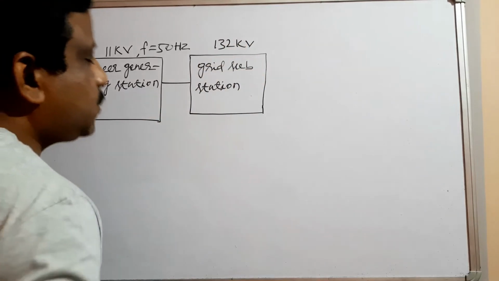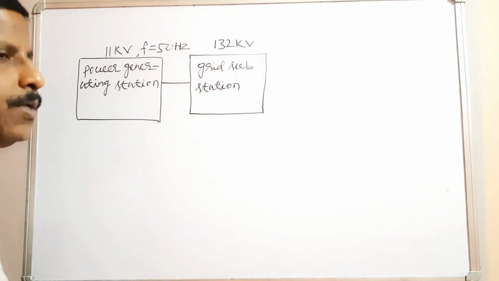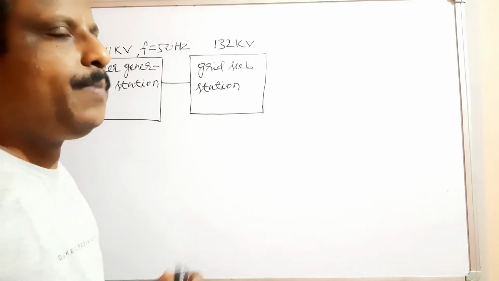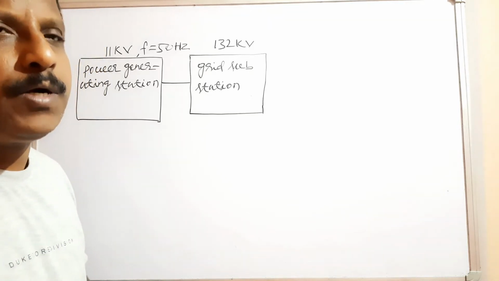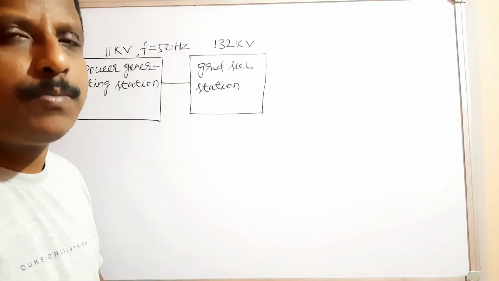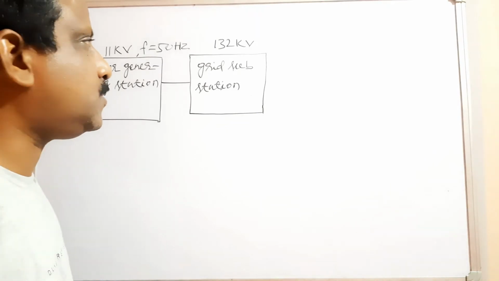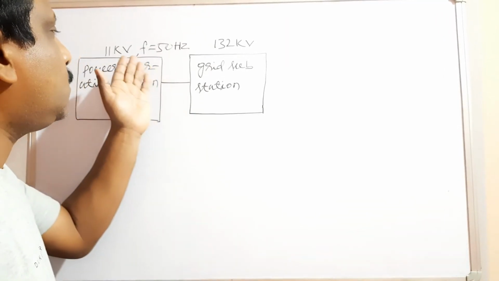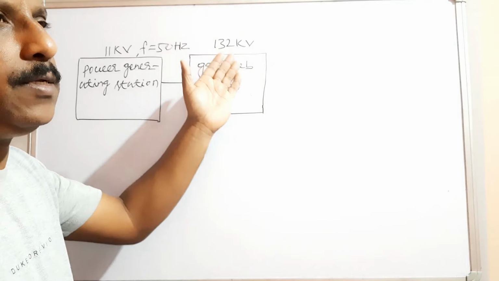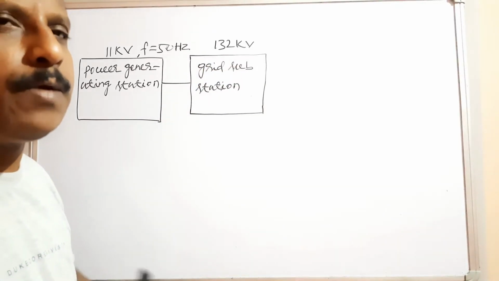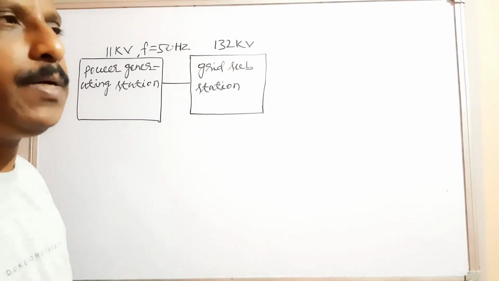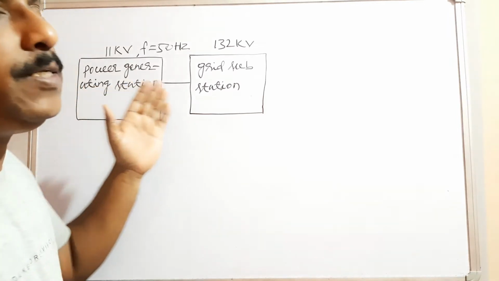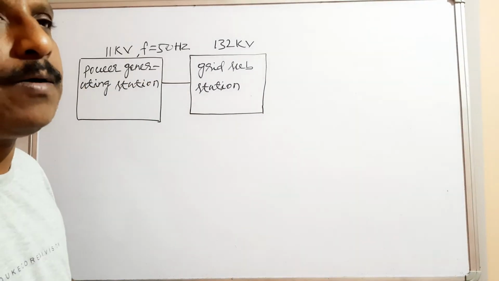Why is it raised? I have already told you in the past video, P is equal to VI. So current is inversely proportional to the voltage or potential difference. When voltage is raised, the current is reduced. Why are we reducing the current? Because the power generating station is far from our house.